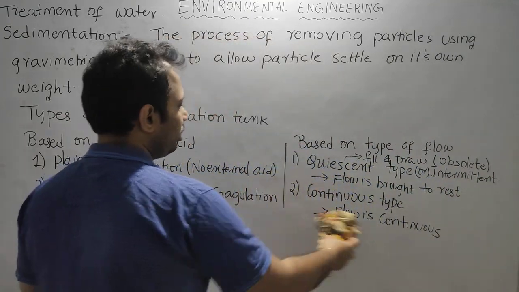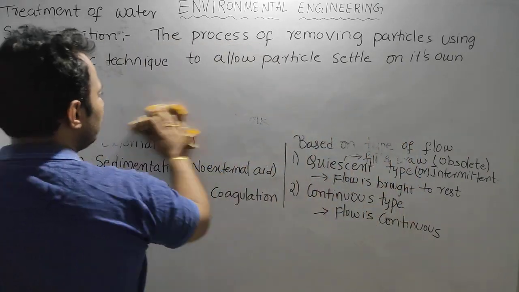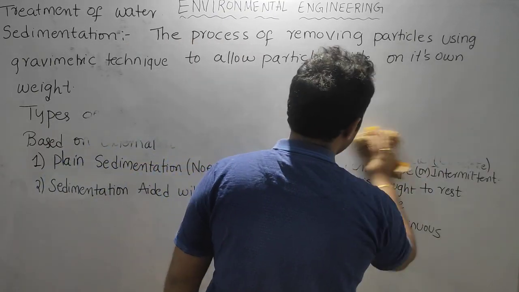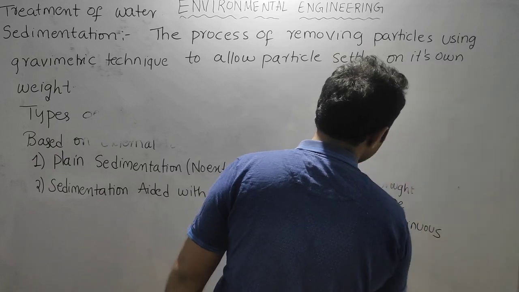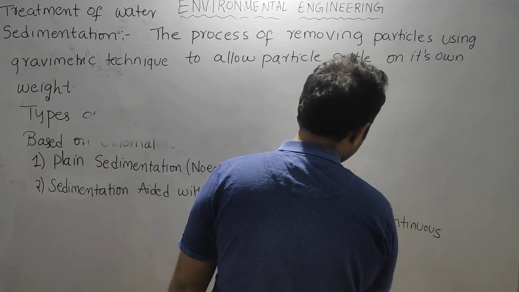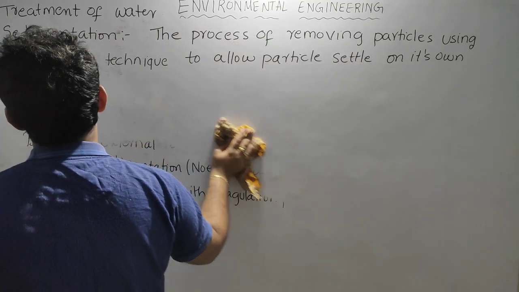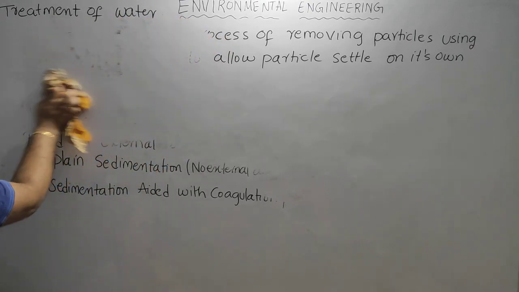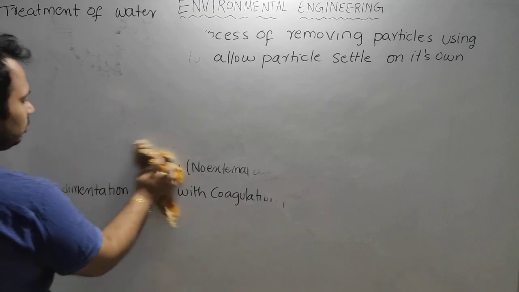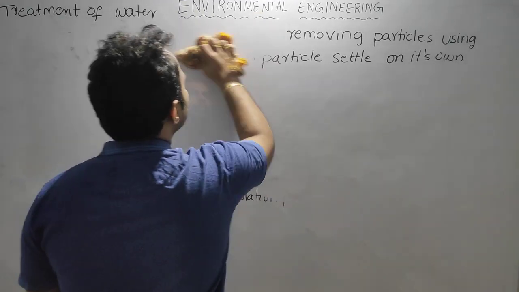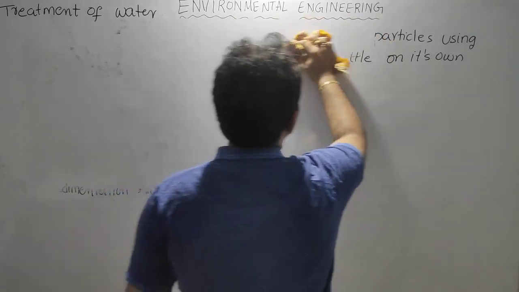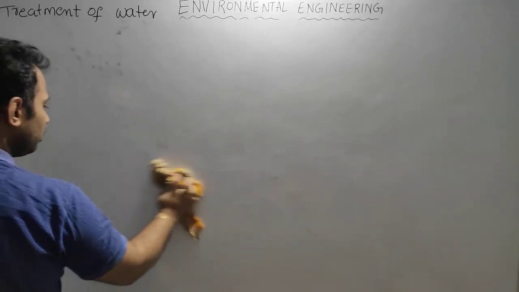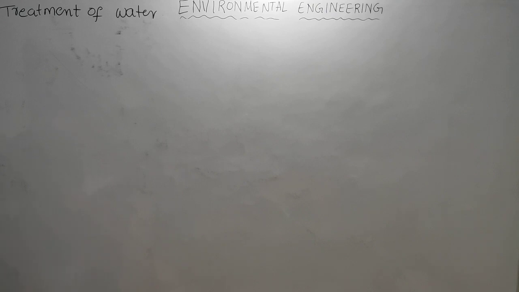Further, there are two types of continuous type of sedimentation tank.